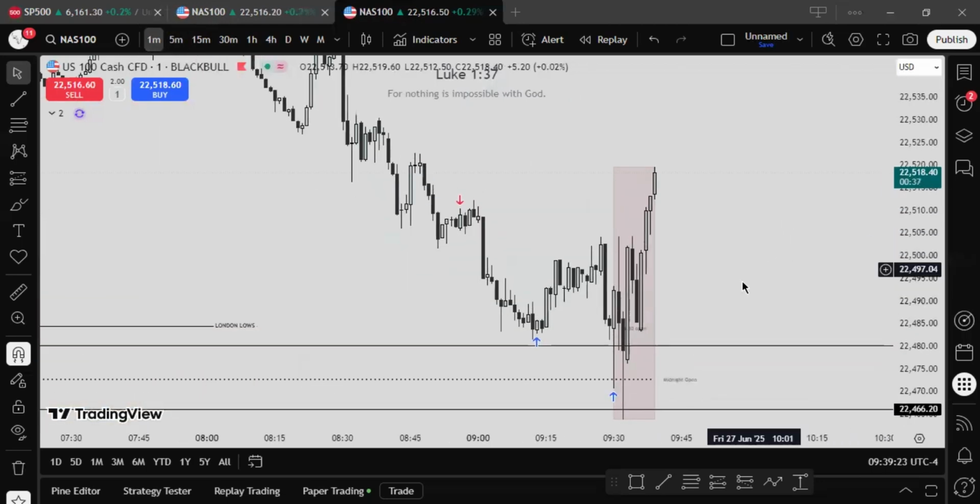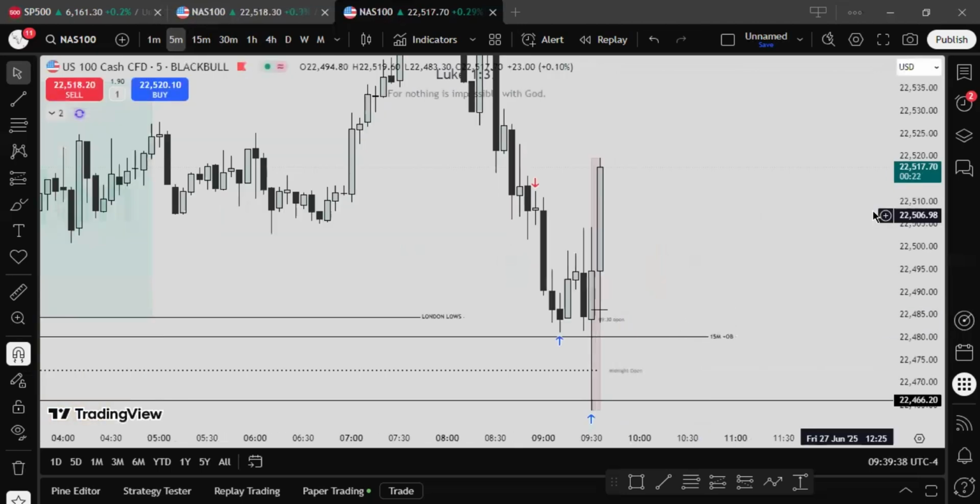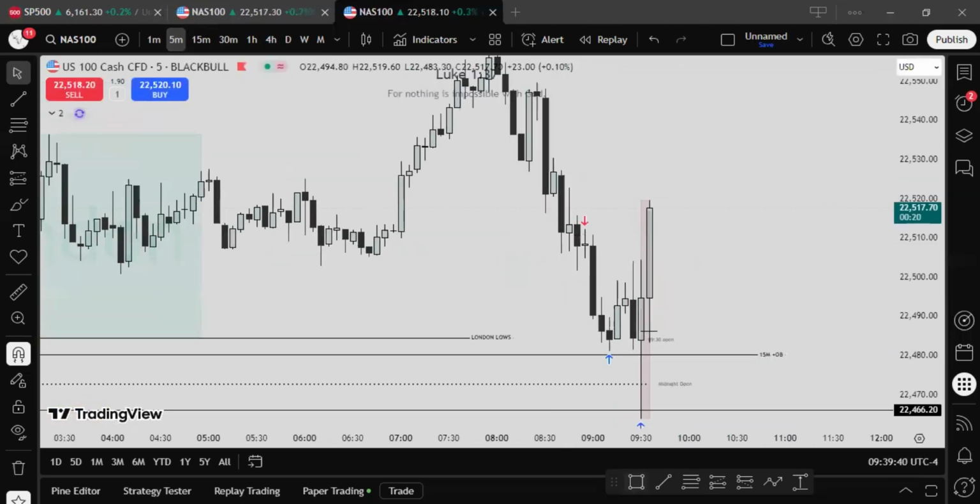I'm not gonna jump in too soon, but I can already see here that we have an order block here that we reacted to. You could have taken these two here and then held it, but I wanna let it play out a little bit. And I'm also seeing this inverse here.